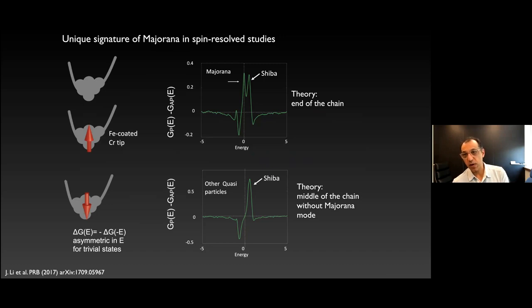And when you do a spin polarized STM experiment, by virtue of the fact that you have a feedback loop that controls your STM junction, you get this very characteristic asymmetric behavior for in-gap states that are trivial. And this feature basically cancels whatever polarization you get for a Majorana zero mode.